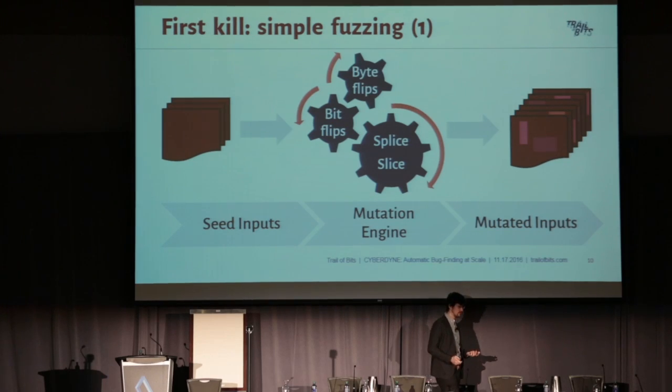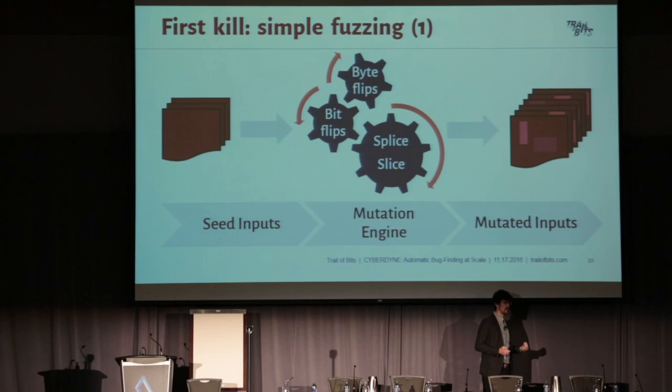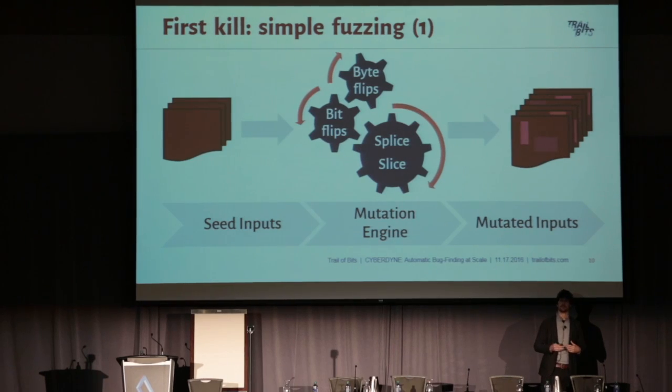But random input itself is usually not a very good way to find deep bugs in a program, to find logic bugs in a program. And so ideally you want to give it mostly valid inputs, inputs that get the program into a deep program state, and then you give it something slightly unexpected.